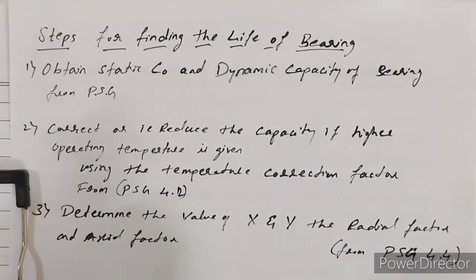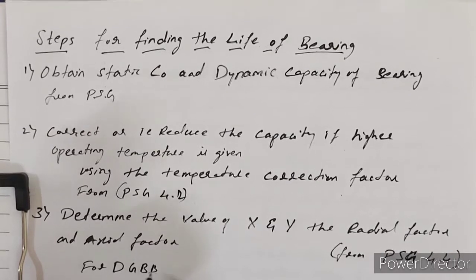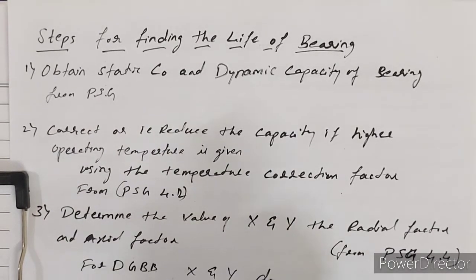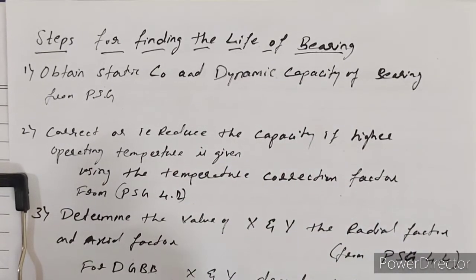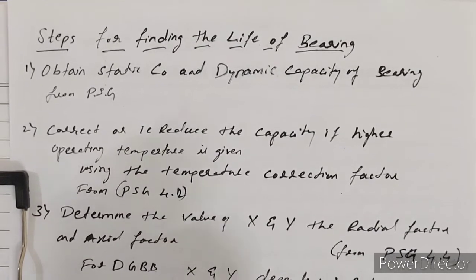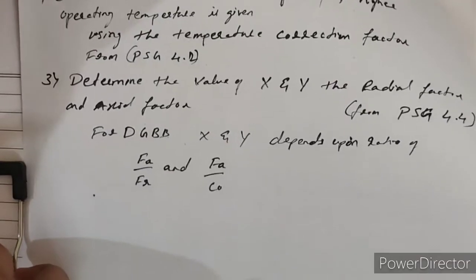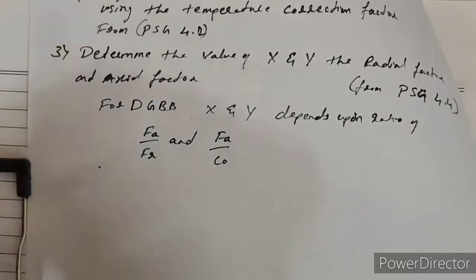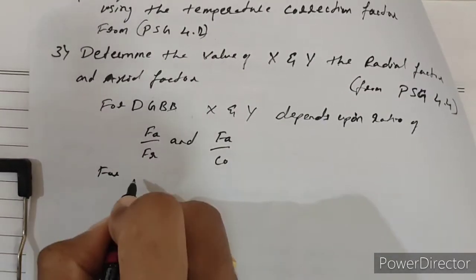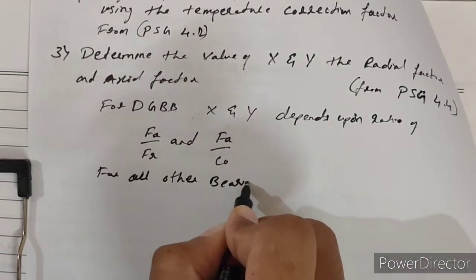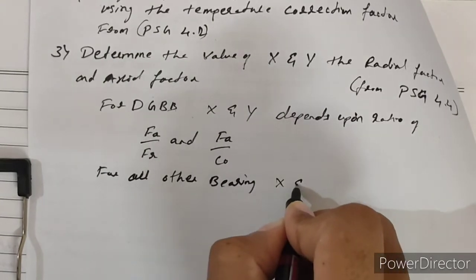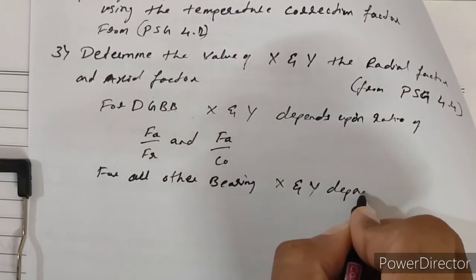This is given in 4.4 for DGBB, deep groove ball bearing. X and Y depend on FA by FR and FA by C0. For all other bearings, X and Y depend on the ratio of FA by FR only.